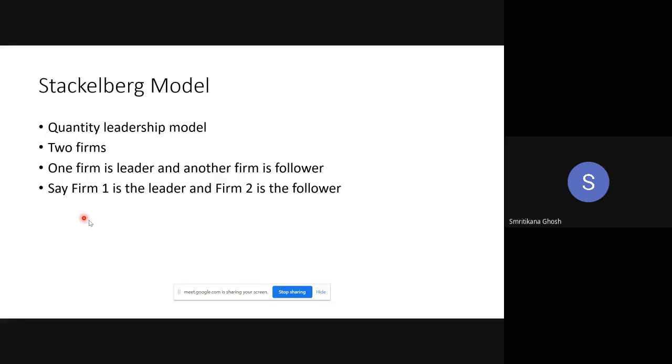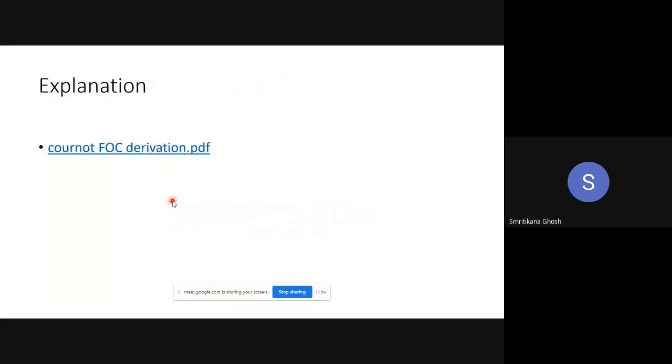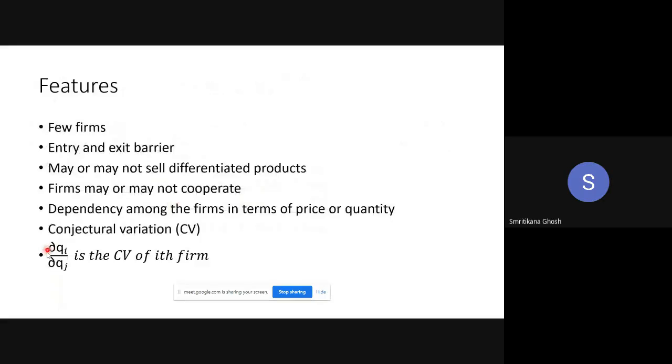Conjectural variation of the leader is the change of the follower's quantity with respect to change of the leader's quantity, right? And for the follower, just opposite. It is the change of the leader's quantity.